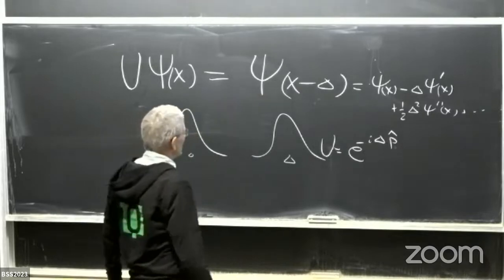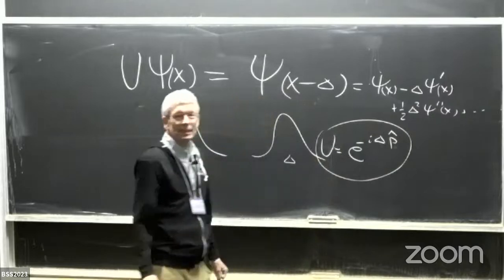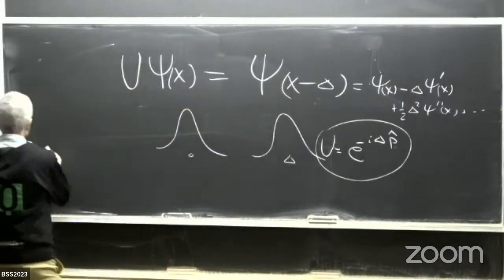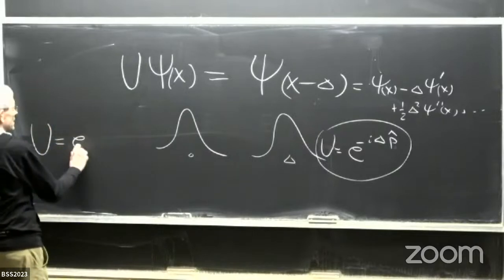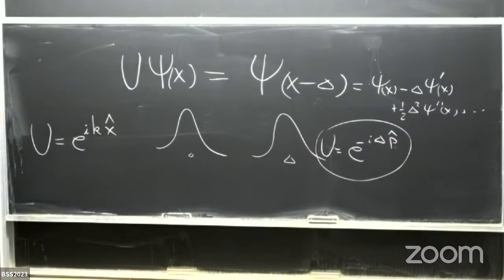And so this unitary produces position displacements. Then there's another unitary that produces momentum boosts. Because if I have a plane wave, e to the ikx, and I multiply by e to the iqx, I get e to the i(k plus q)x. So I boost the momentum.